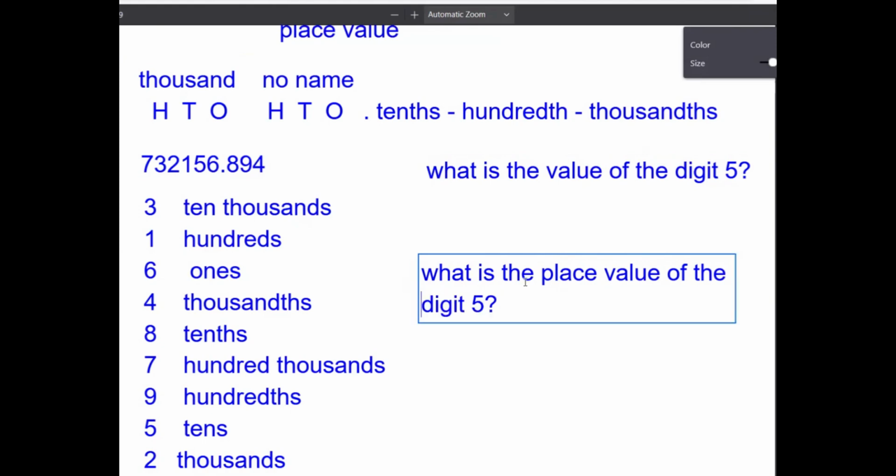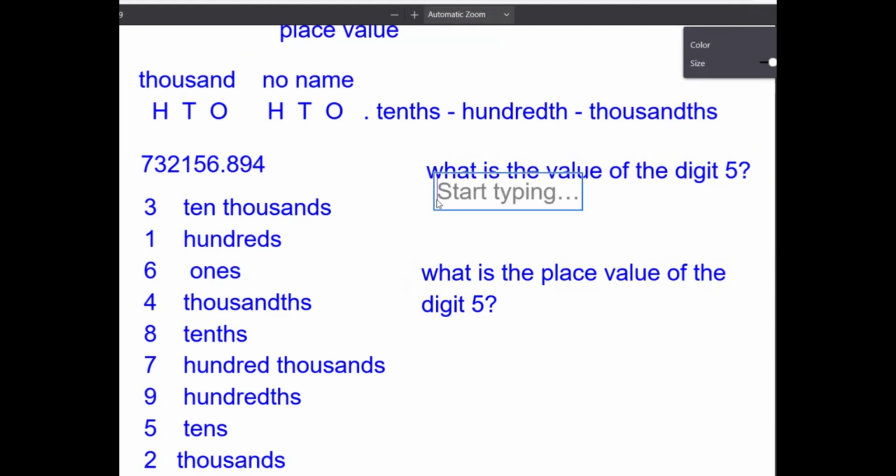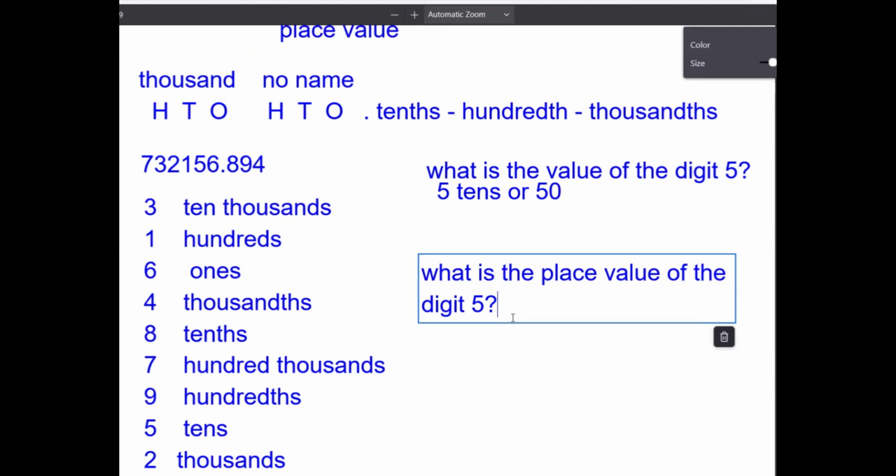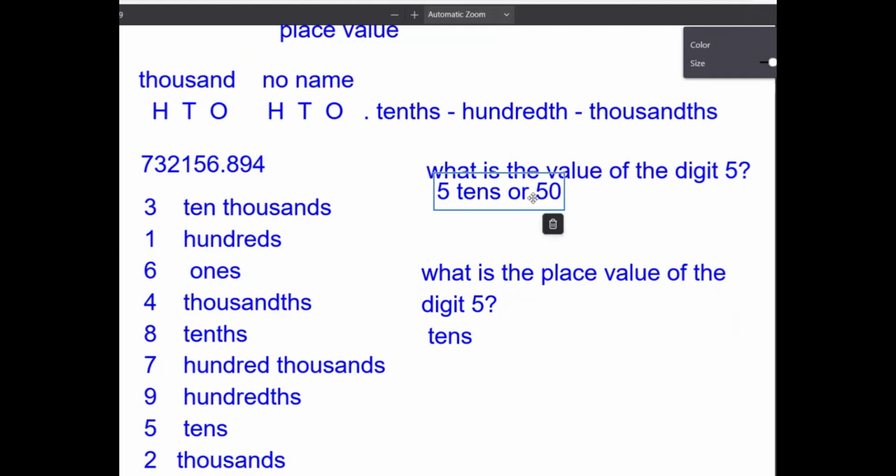If I ask you what the value of the digit 5 is, you could tell me it is what? You must write 5 tenths, or you could say 0.5. When I ask you what the place value of the digit 5 is, your answer will be just what? Tenths, because here I'm asking about the place, not the value of the digit. And here I'm asking you about the value.